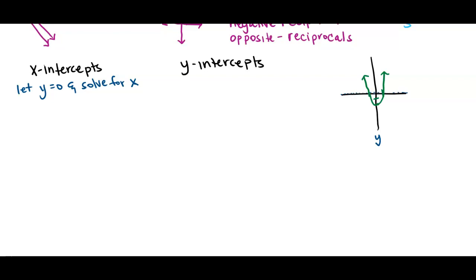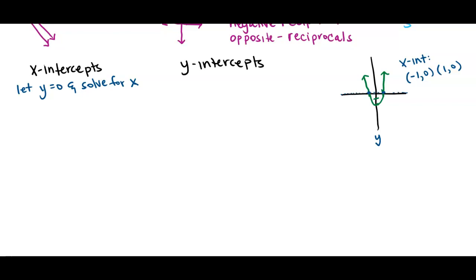Because here it'd be -3, -2, -1, 0, 1, 2, 3, and so on. I want to know when y is 0, what is my x? My x's would be these two points. So on this graph, I'd have more than one x-intercept, maybe (-1, 0) and (1, 0). When my y is 0, what are my x's?